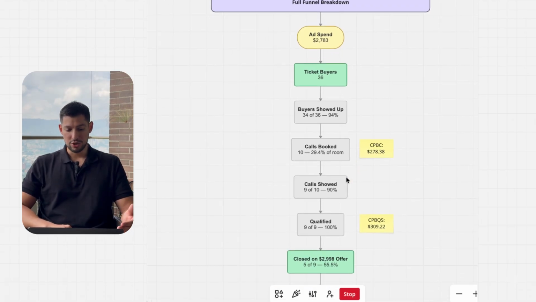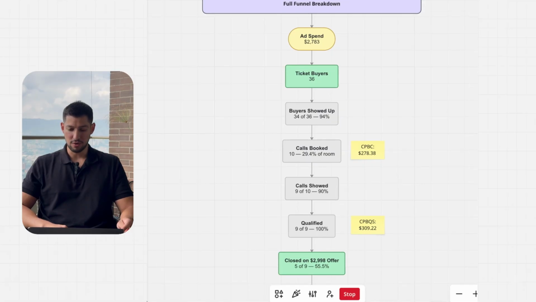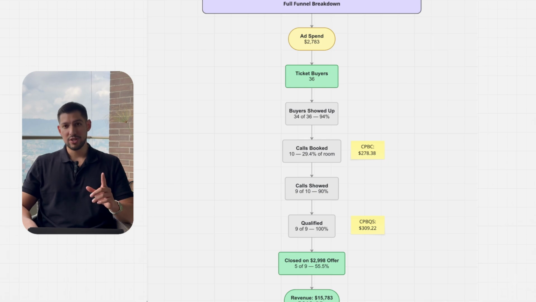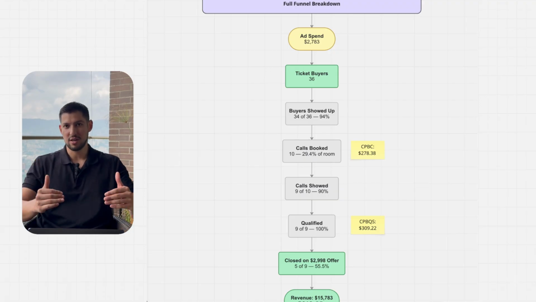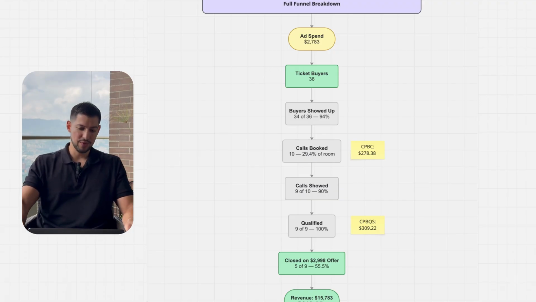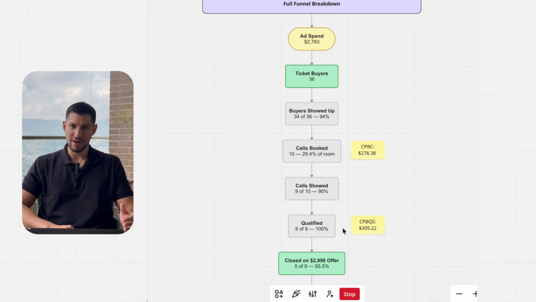And then out of the ones who showed, 10 booked the call, right? So almost a third of the room booked the call. Only one person no showed to their call, so that's like a 90% show up rate. And here's the beauty of all this coming together. Out of the 9 people who showed up for their call, 9 out of 9 were qualified.